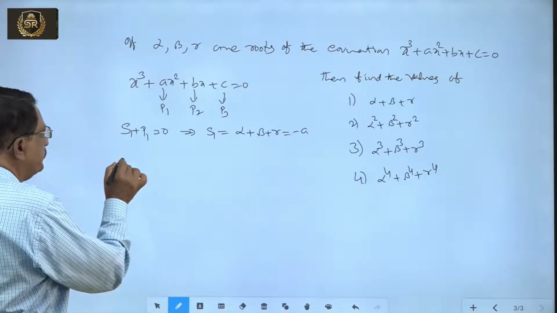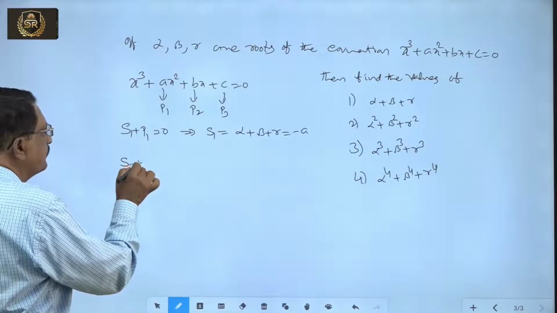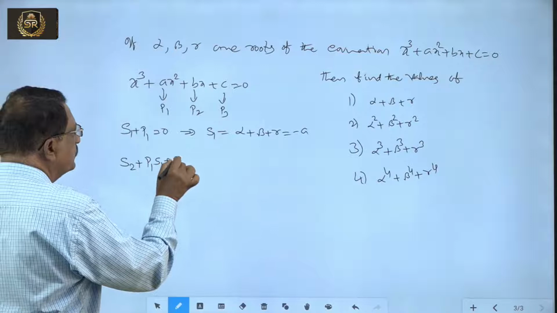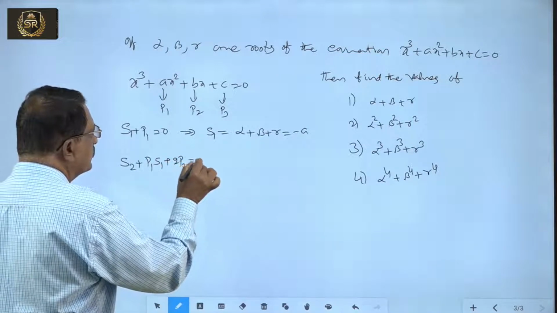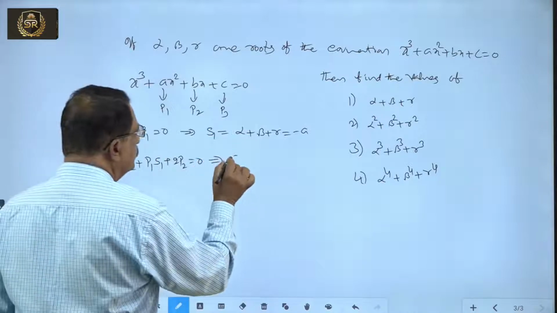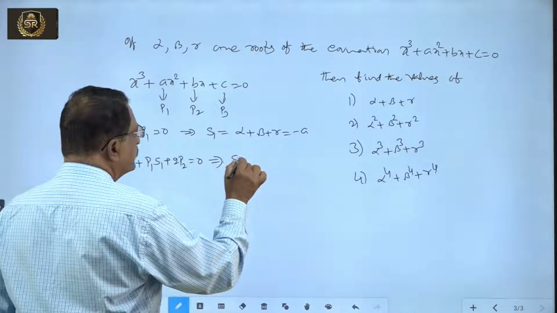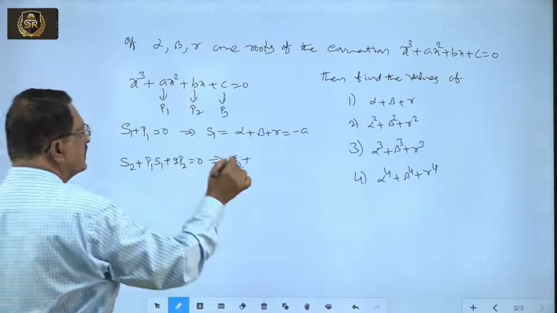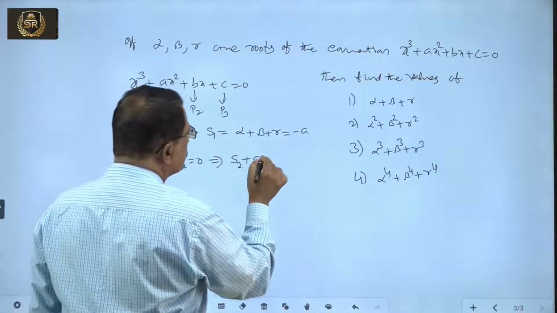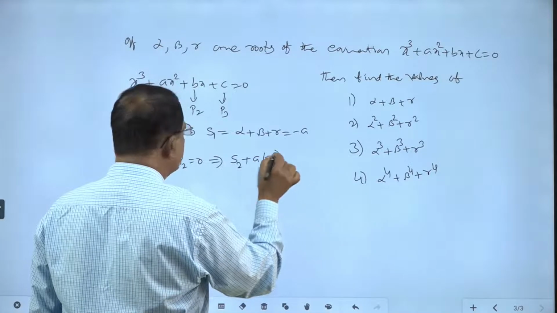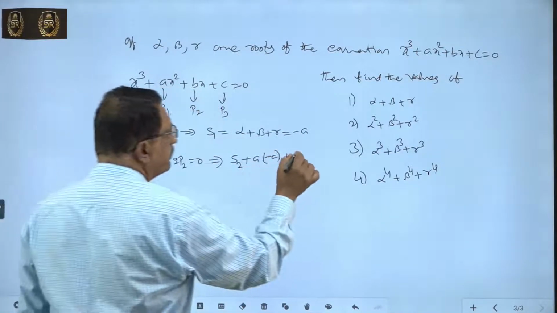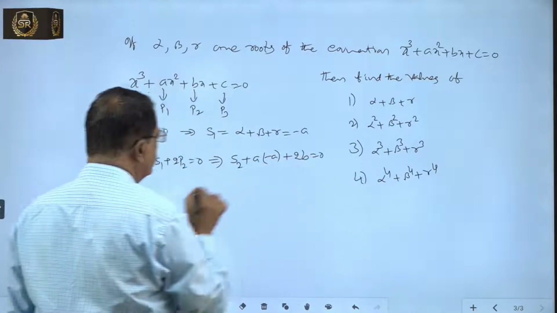Next, S2 plus P1 S1 plus 2P2 equals 0. Now, this implies S2 plus P1, which is nothing but a, into S1, and S1 equals minus a, plus 2P2, where P2 is b, equals 0.